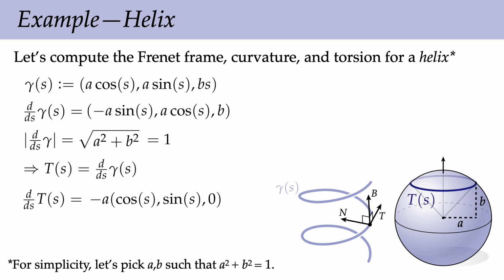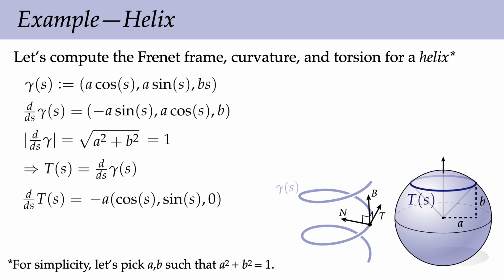If we visualize the tangent as points on the unit sphere, kind of like what we did for the turning number and the winding number, we see the tangent itself is just going around in a circle on the sphere. The radius of that circle is a, and it sits at a height b.